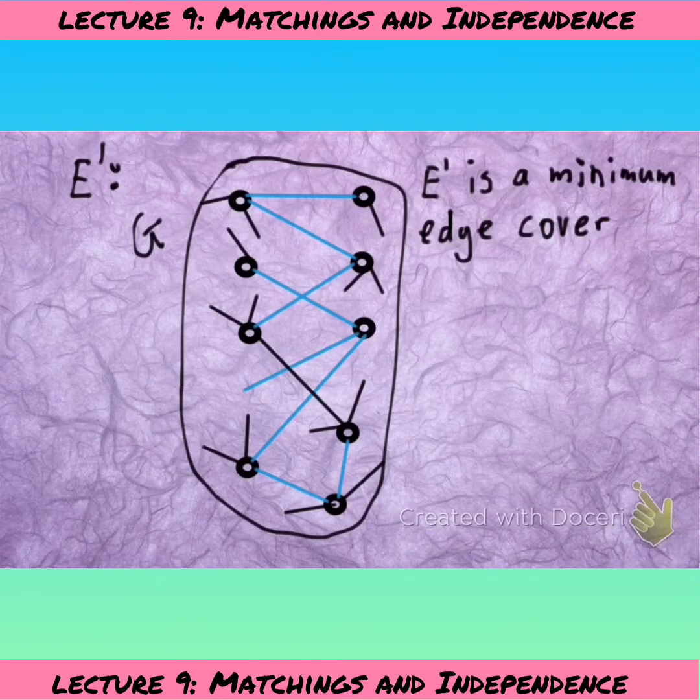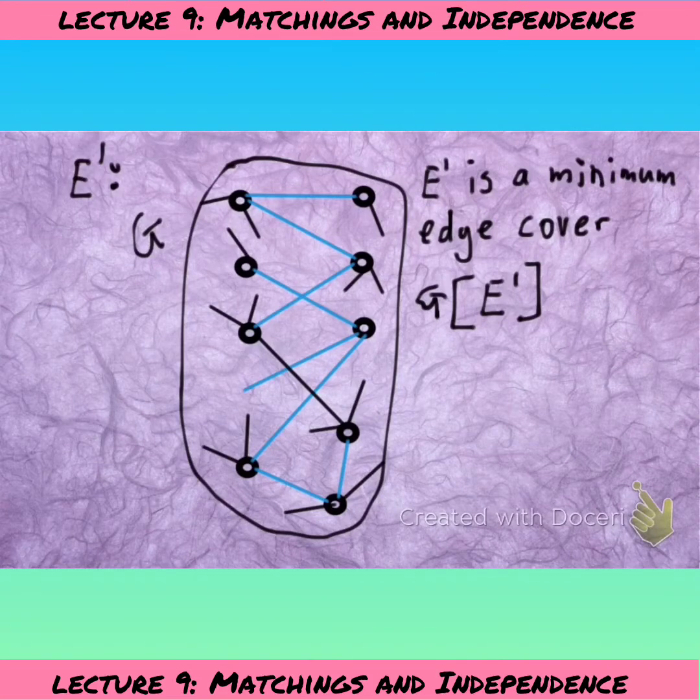Now, if we consider the graph that has the vertices of G and only the blue edges, we're going to look at this graph here. It's the graph with all the vertices of G and the edge set E prime.